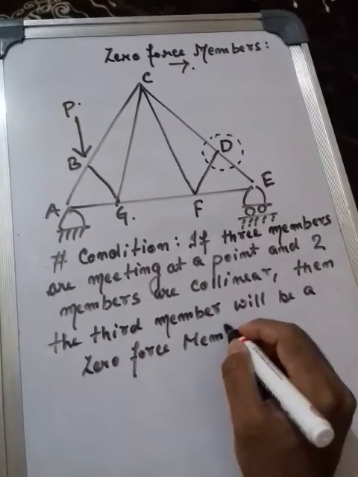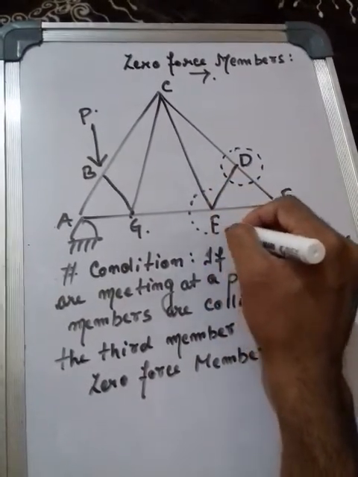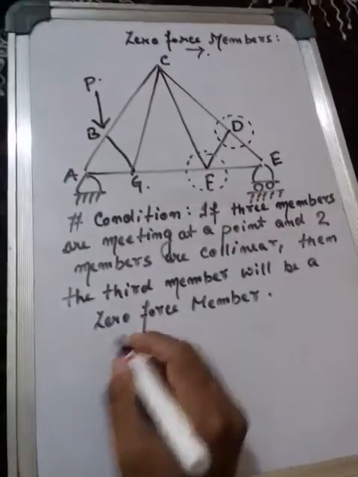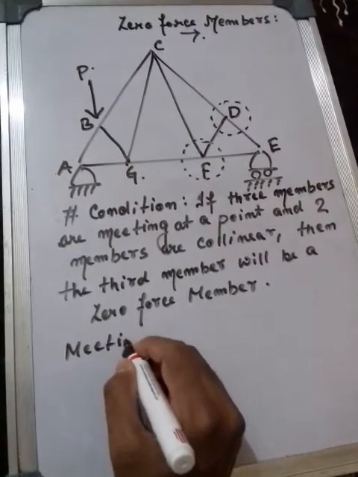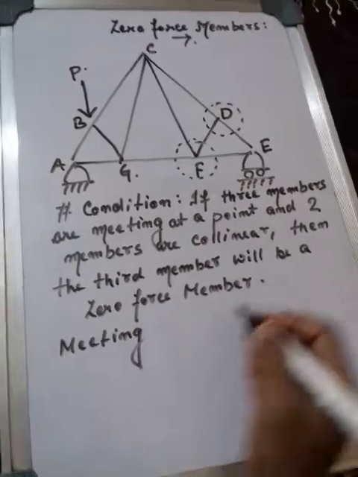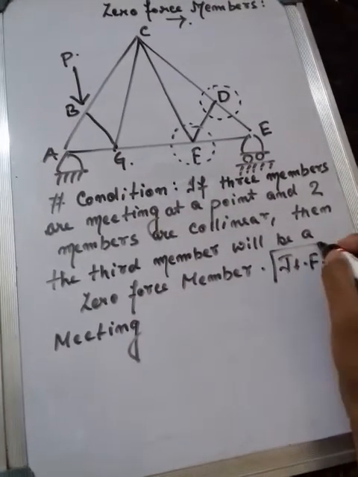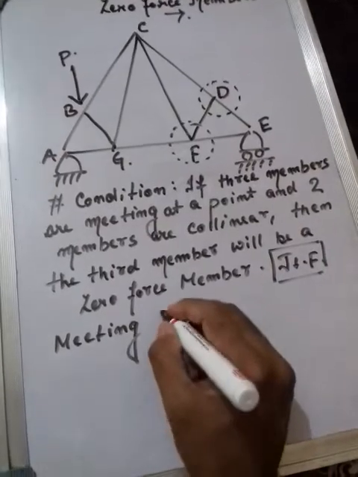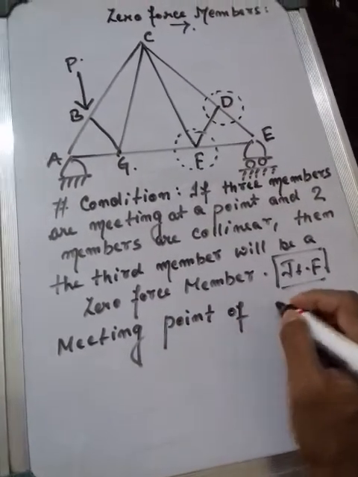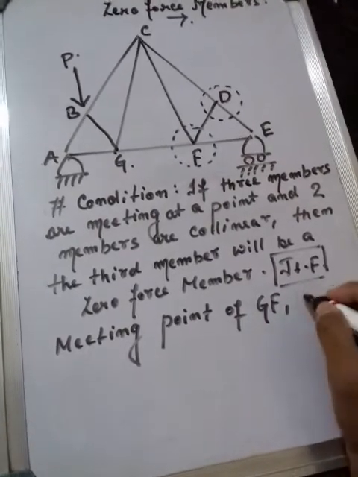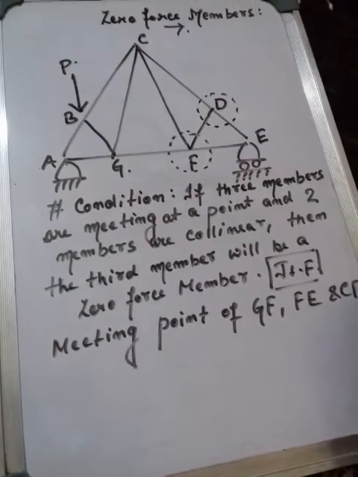Now let us look at joint F. It is the meeting point of three members: GF, FE and CF.